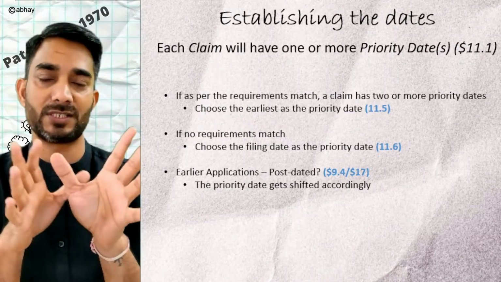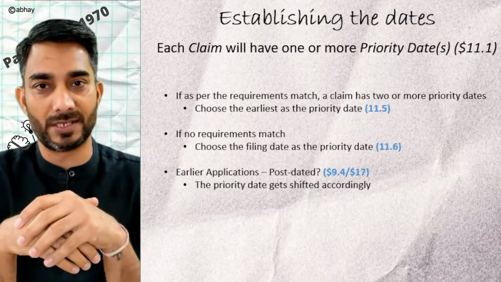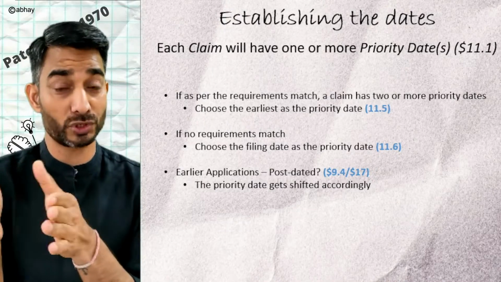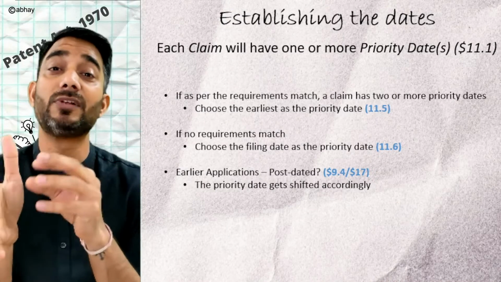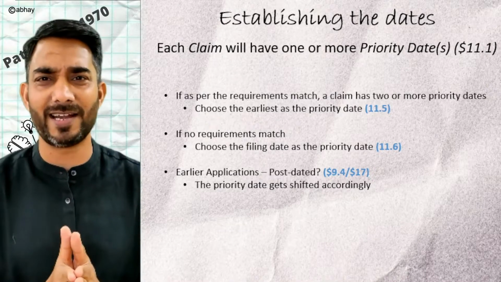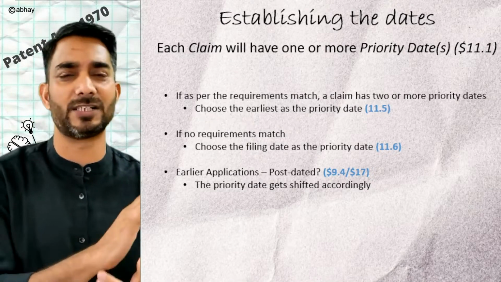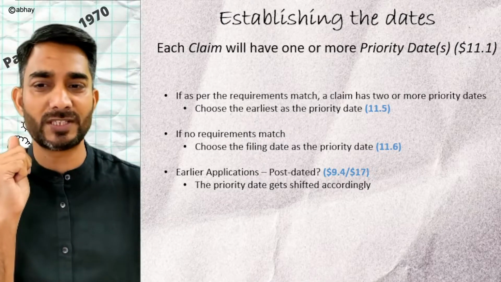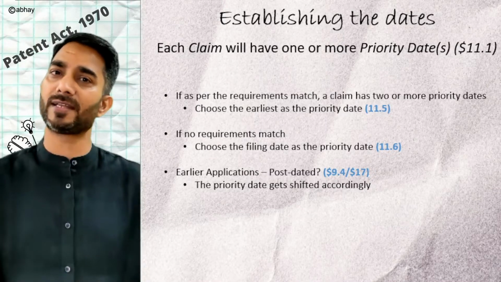This is covered in section 17, post dating of an application. Because you have post dated the application, this will have effect on everything we discussed earlier also. Obviously, if you change the date, everything else also gets changed because the initial date is changed. So with this, we have identified the priority date.